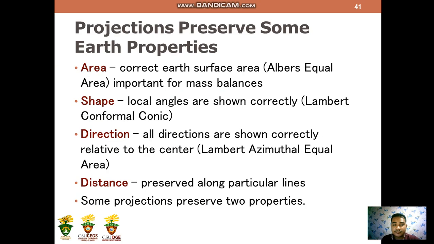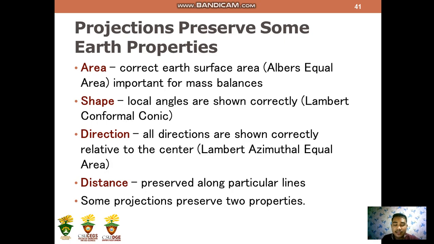To sum up, the preservation of area gives the correct Earth surface area. An example is the Albers equal area. This is important for mass balances. For preservation of shape, the local angles are shown correctly.